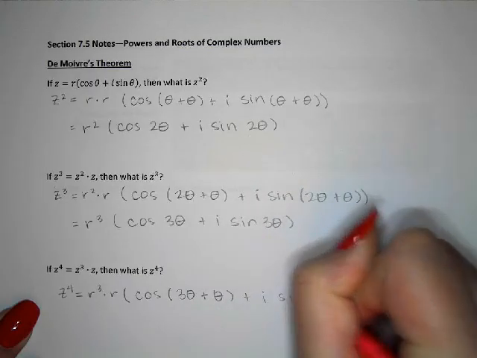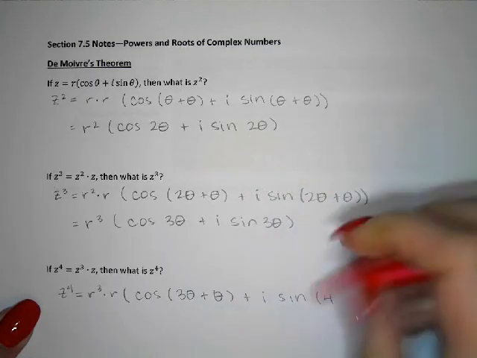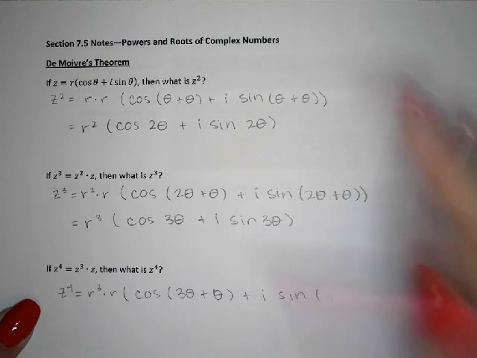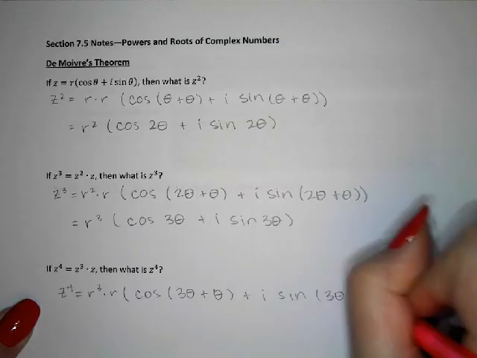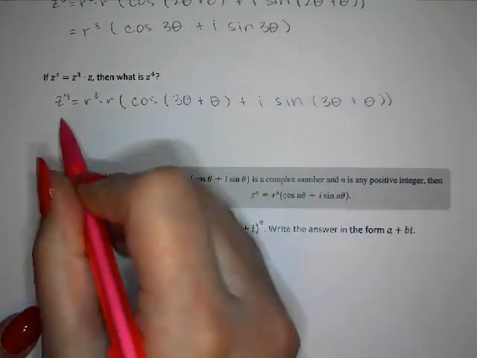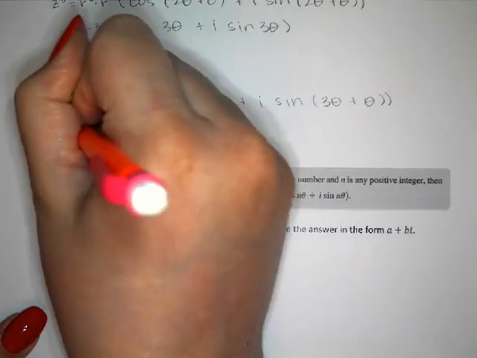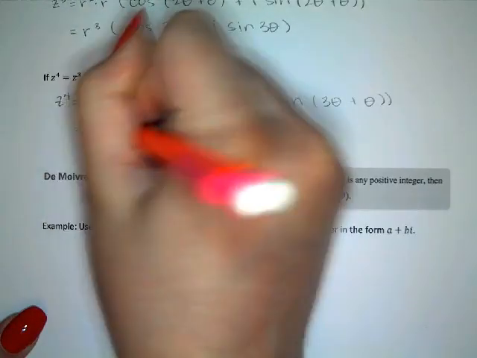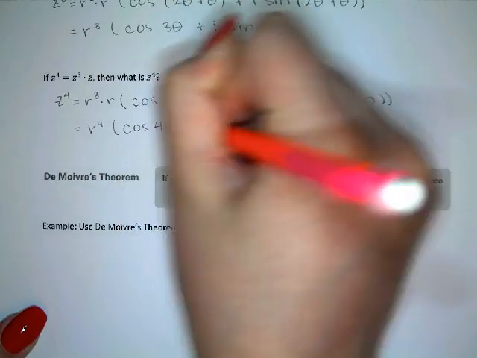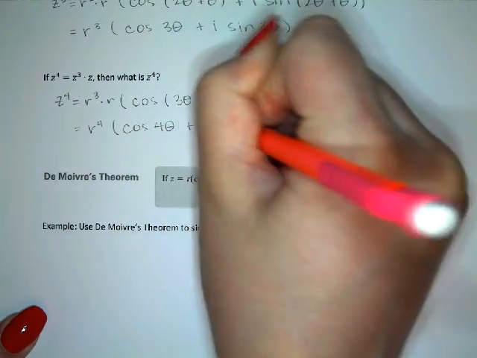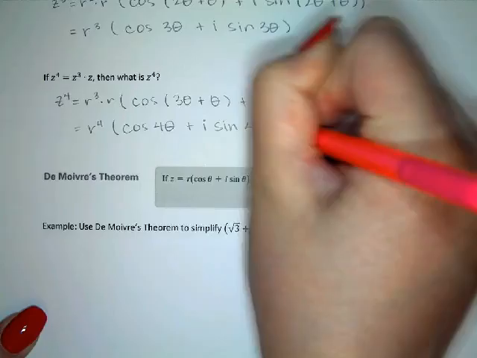And then we would do the same thing for sine, 3 theta plus theta. And so z to the fourth would be r to the fourth cos 4 theta plus i sine 4 theta.